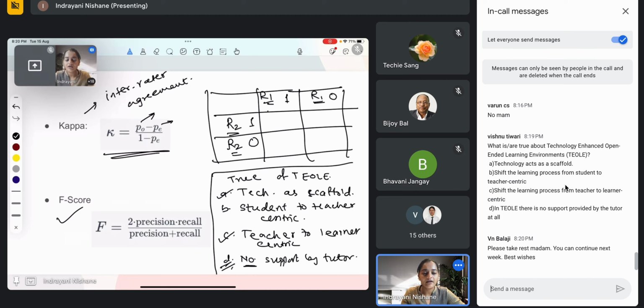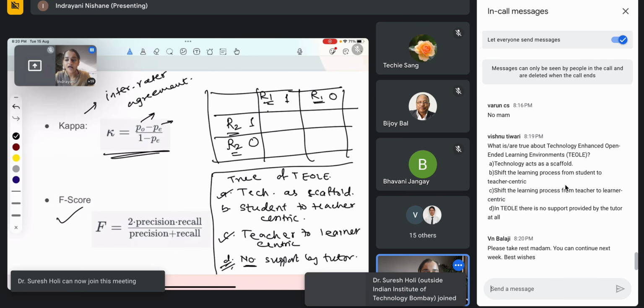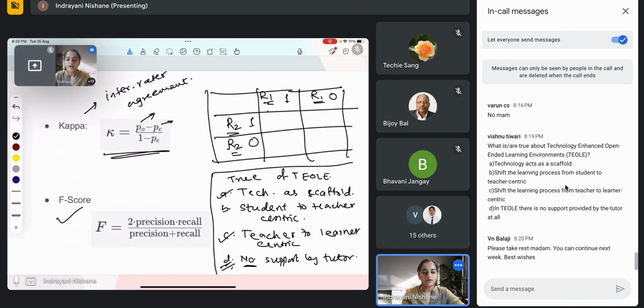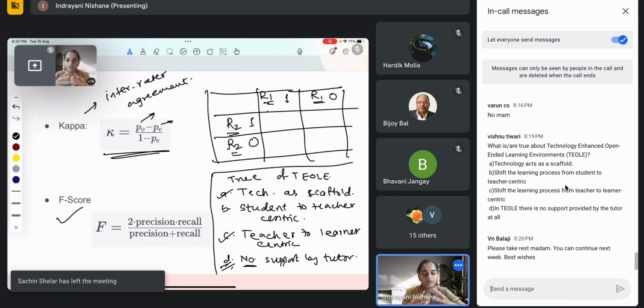It is not that there will be absolutely no support, or that there will be full support of the teacher. We can't be sure. Many times such open-ended learning environments are used as supplementary material by teachers, who could be there to provide the necessary support whenever and wherever required. So it will not be absolutely black or white; there is a lot of gray area.